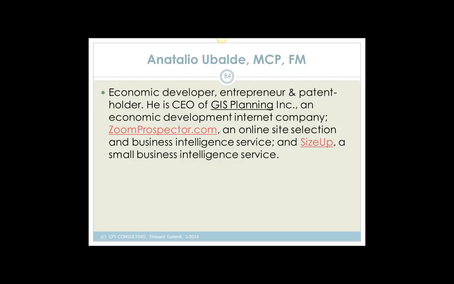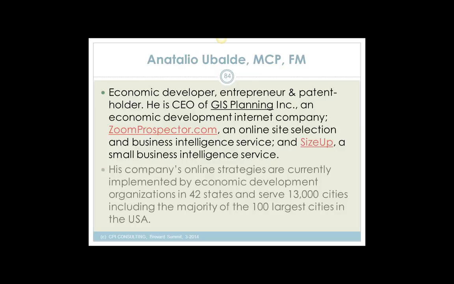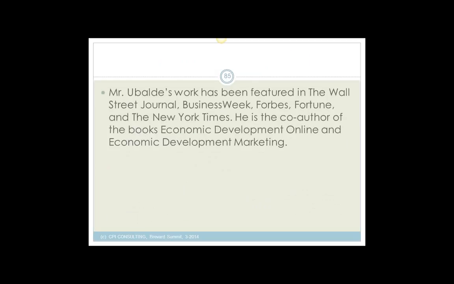One is ZoomProspector.com, an online site selection and business intelligence service, and SizeUp, a small business intelligence service. And his company's online strategies are currently being implemented by economic development organizations in 42 states, and they serve 13,000 cities, including the majority of the 100 largest cities in America.